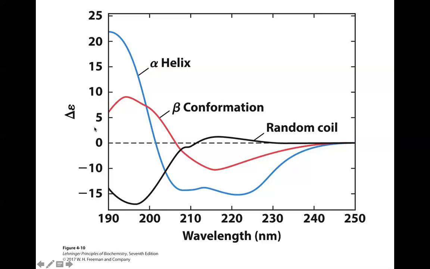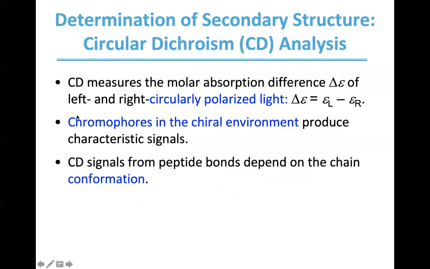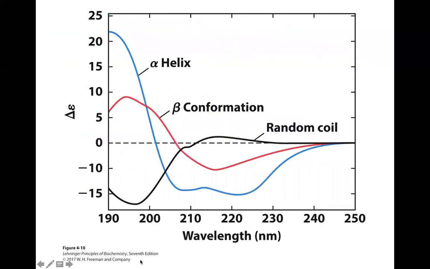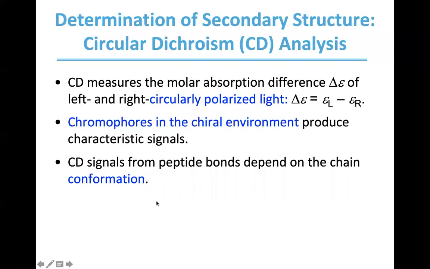So one thing to keep in mind is the reason why we see these kinds of responses for the left and right polarized light is because the proteins are chiral, right? Remember, we're dealing with L amino acids only, or D amino acids, depending on your system.